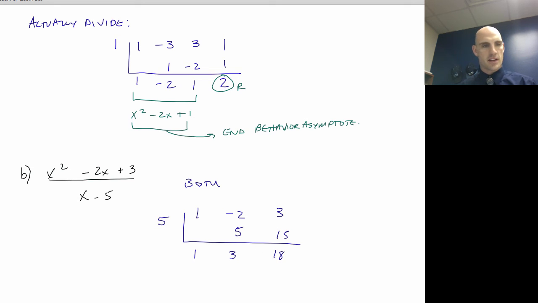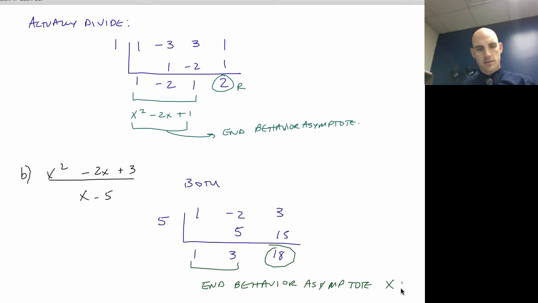So this is 18. This is my remainder. And so this is my end behavior asymptote. And it is, original is x squared, so it is x plus 3. That's my end behavior asymptote.